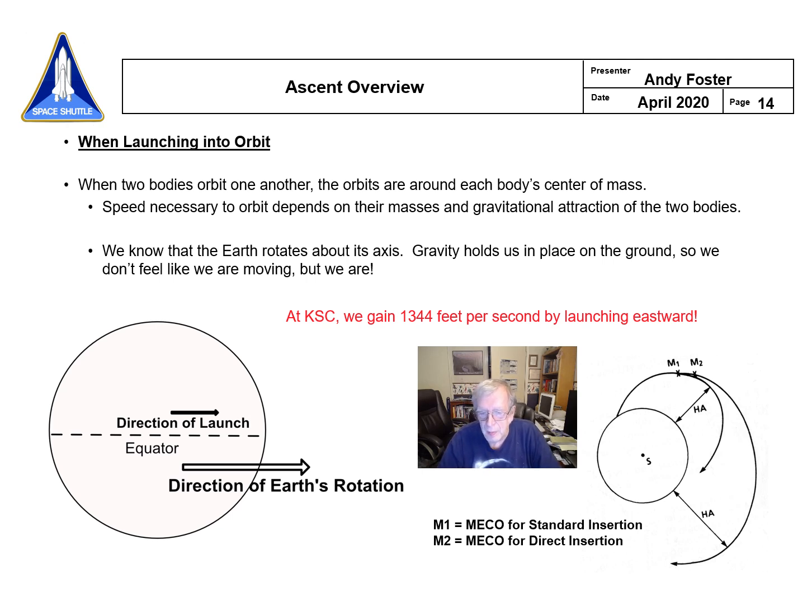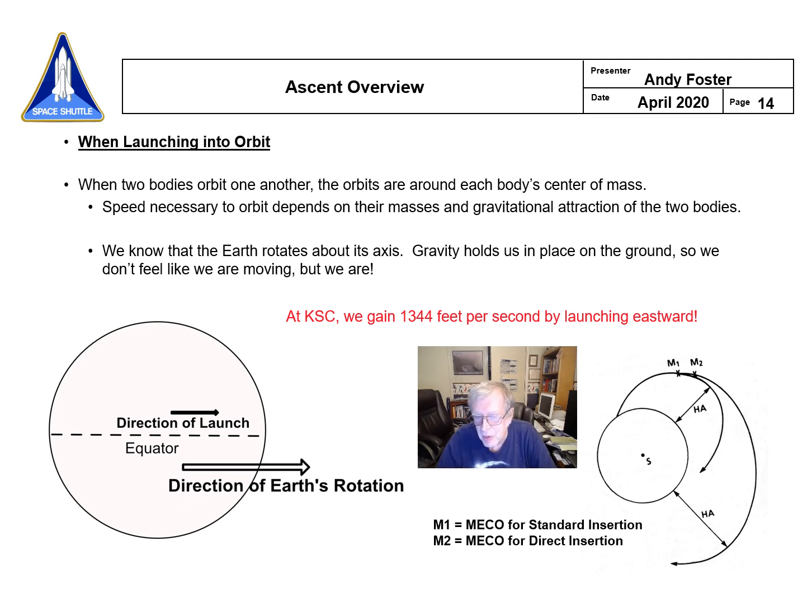We'll see how that comes into play later. What we would typically do for a standard insertion, we'd burn here, coast up to apogee and then burn here. Why? If you follow this curve around, you could tell that the perigee is going to be really low. So if I come up here at apogee and I burn, and the effect is 180 degrees out, I'm pushing perigee higher. I'm going to tend to circularize my orbit.